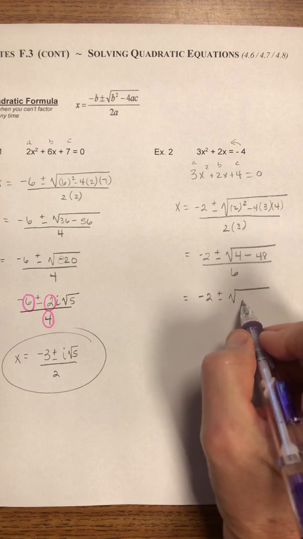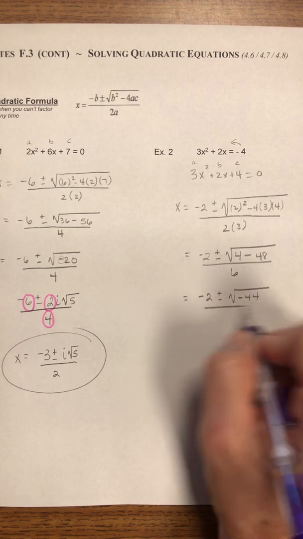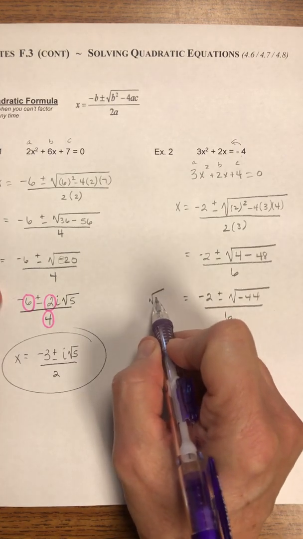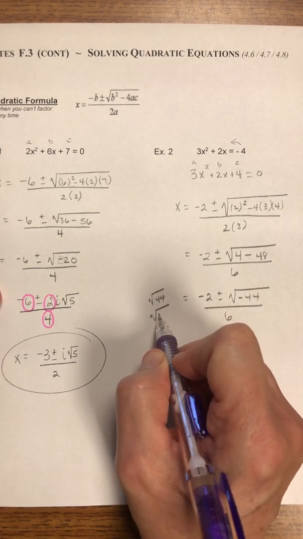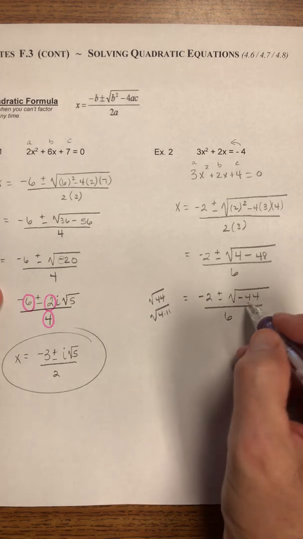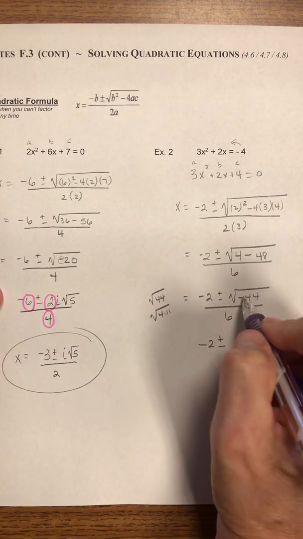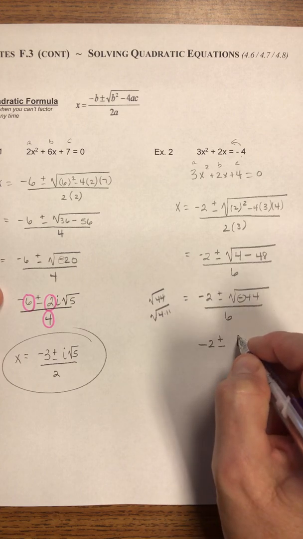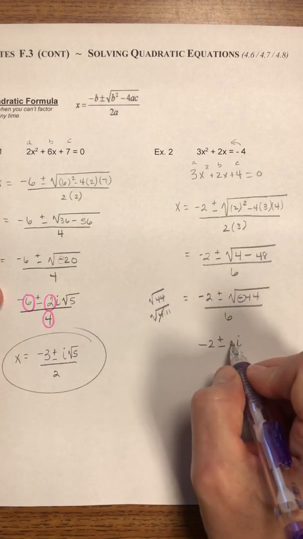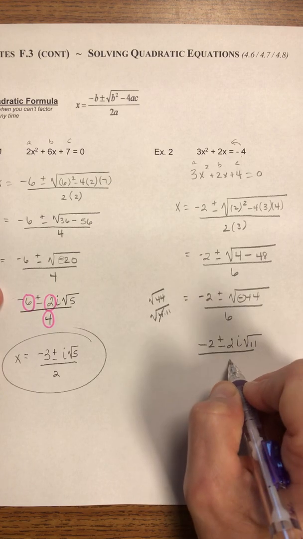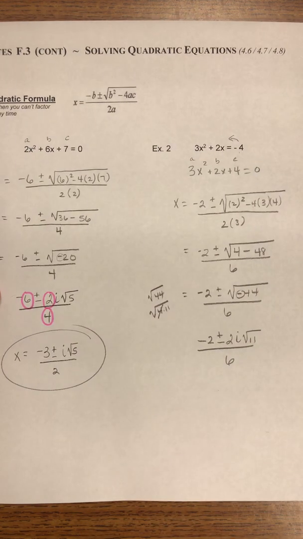So 4 minus 48 is negative 44. And again, now I have to square root 44, and I know that's 4 times 11. So it would be negative 2 plus or minus, the i comes out, and I know the square root of 4 is 2, so it would be 2i, and then the square root of 11 all over 6.